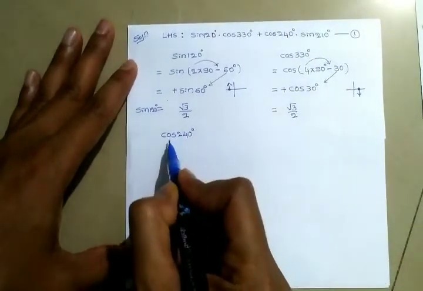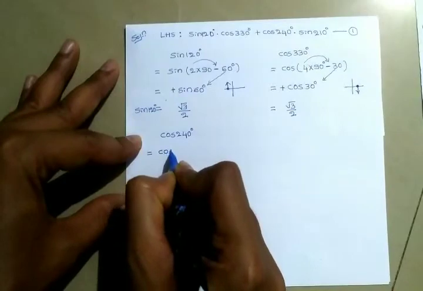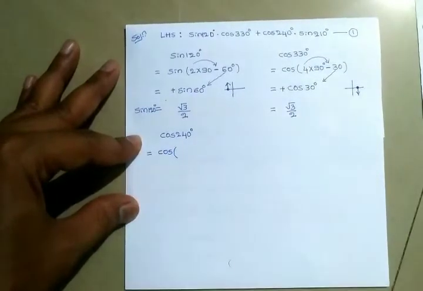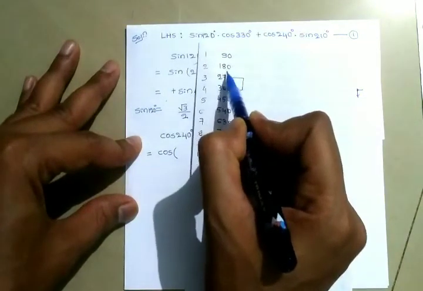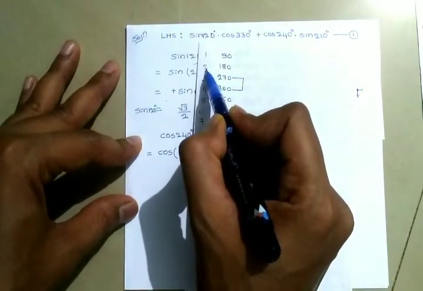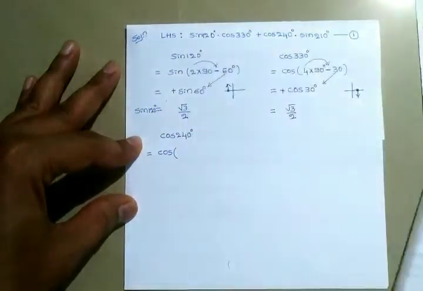Next, cos 240 degree. Cos I am going to keep as it is. 240 comes in between 180 to 270. Here one is an even number, one is an odd number, so I am going with the even number only.